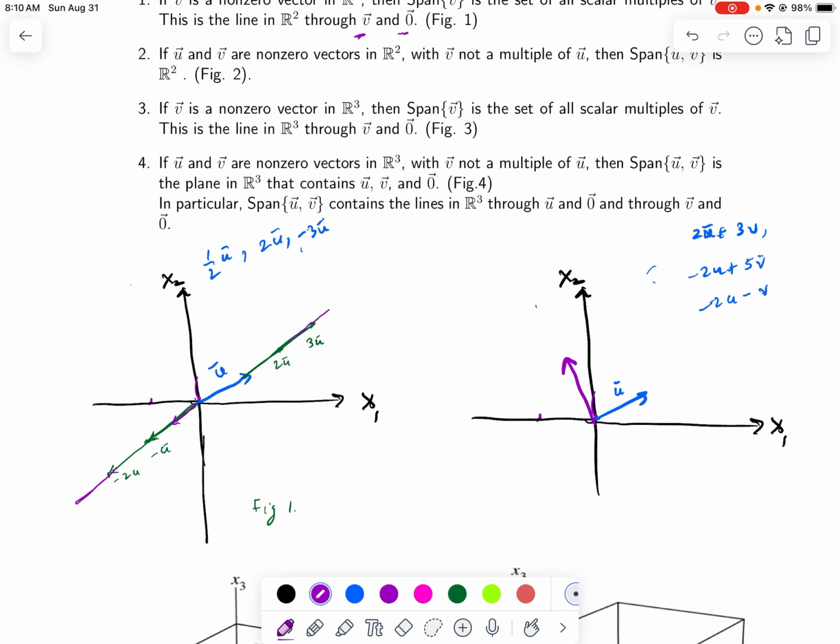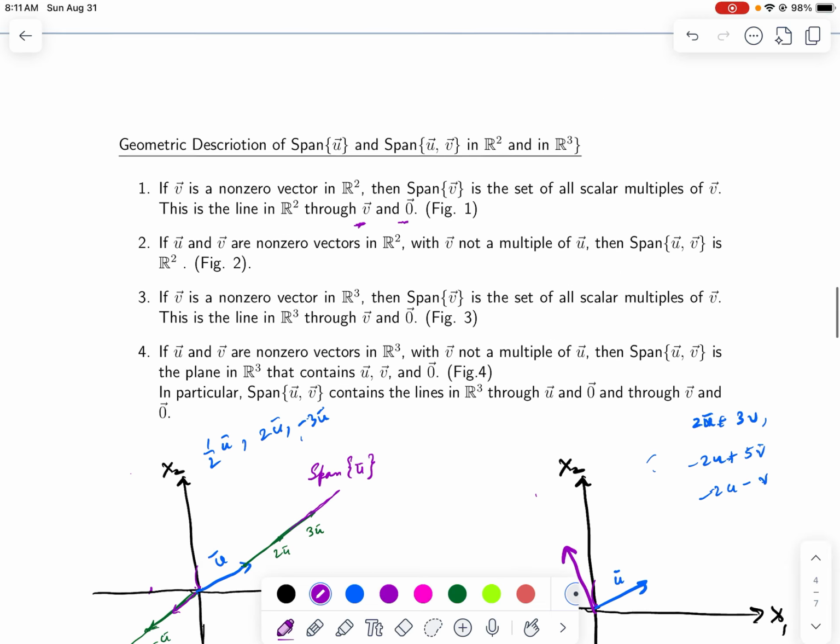So we get this line. This is the span of u. So in R2, the span of one vector is the line which contains the vector.